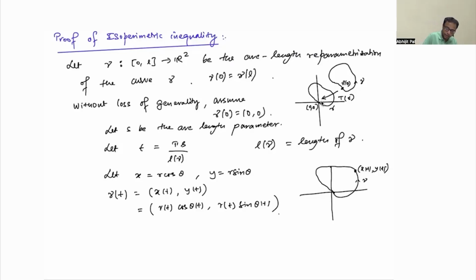All right. So now, what is the area of the interior of this gamma?